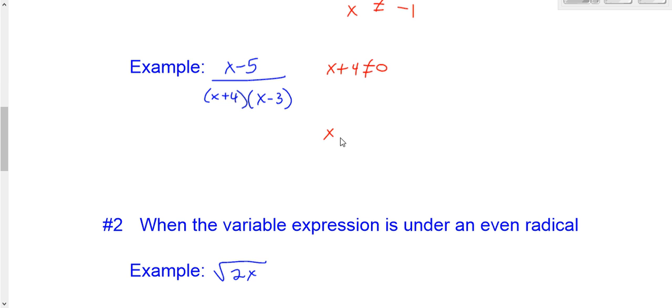But I also need x minus 3 to not equal 0. And when I solve these, I would subtract 4 up here, and I would get x cannot equal negative 4. When I solve for the other one, I would add 3 to both sides, and I would get x cannot equal 3.